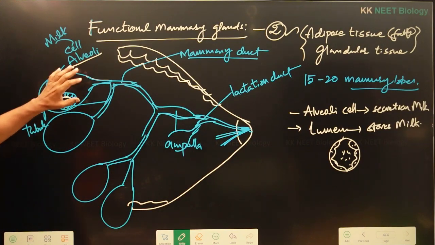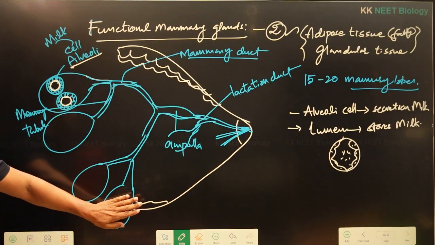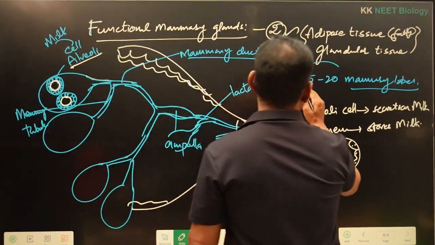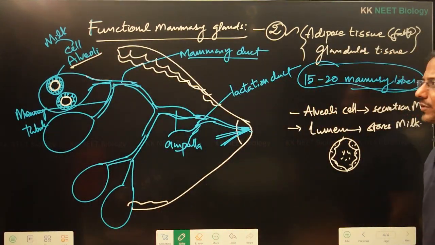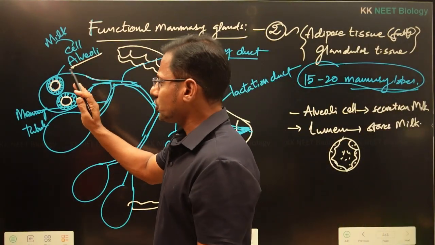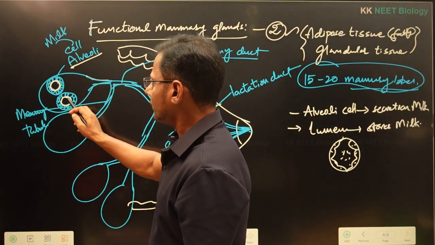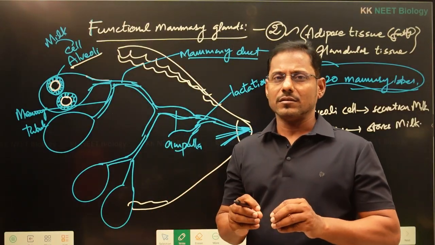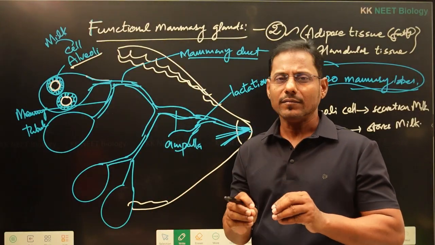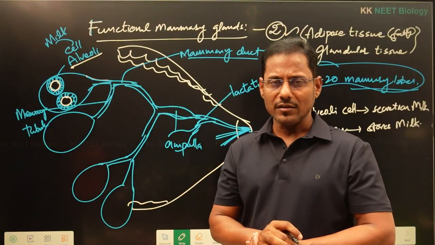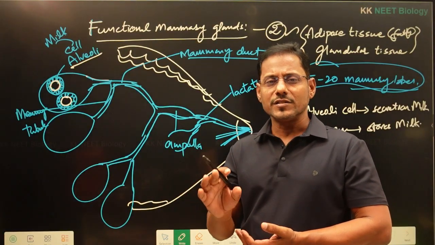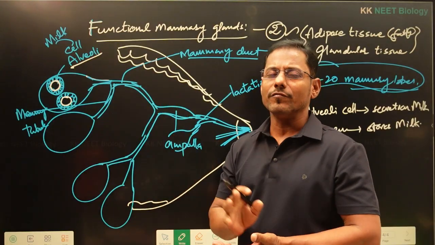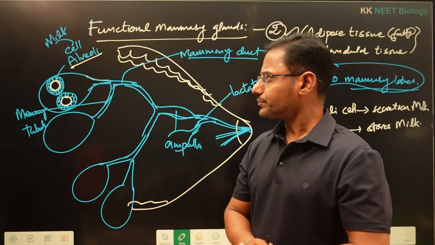These are the mammary lobes. How many are present? 15 to 20 mammary lobes are present in each mammary gland. Each mammary lobe contains many alveoli. The cells present in the alveoli secrete the milk, and the milk secreted by the alveolar cells is stored in the lumen of the alveolus, right?